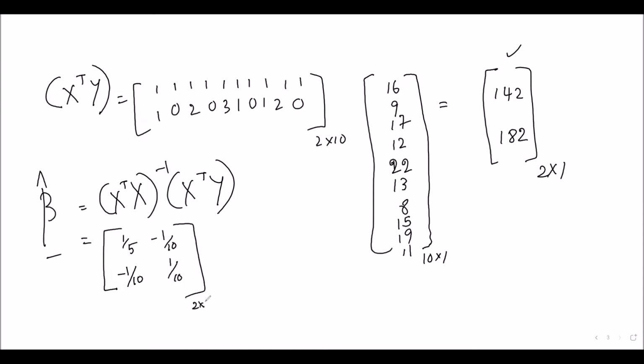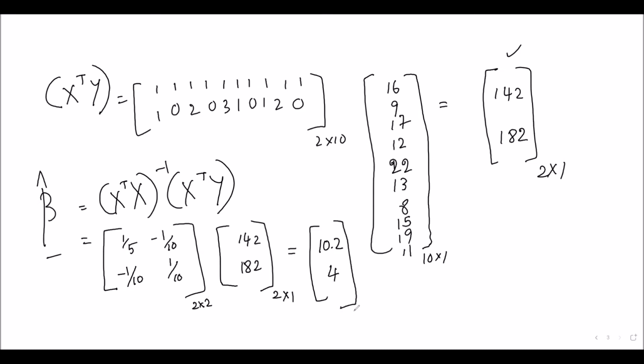This is a 2 by 2. We expect a 2 by 1 vector here. This quantity is this. Right, so you do the math and you'll get this. You can use the calculator for this.